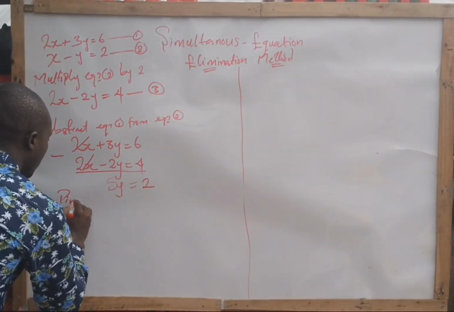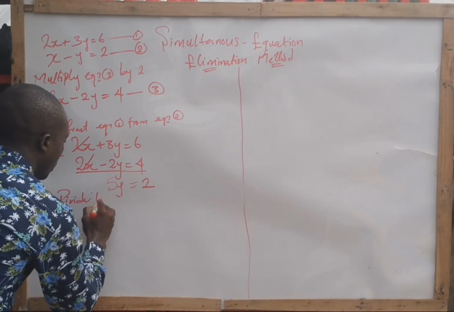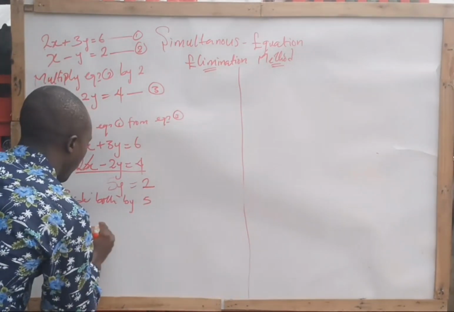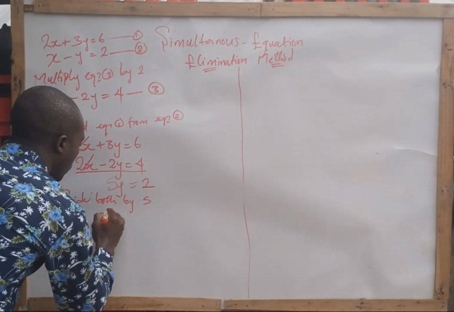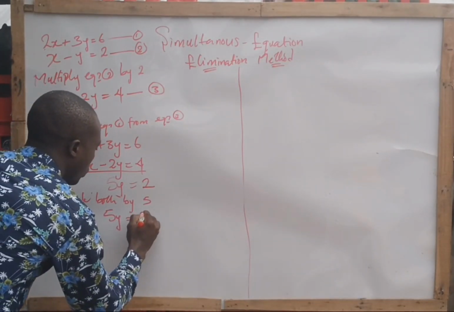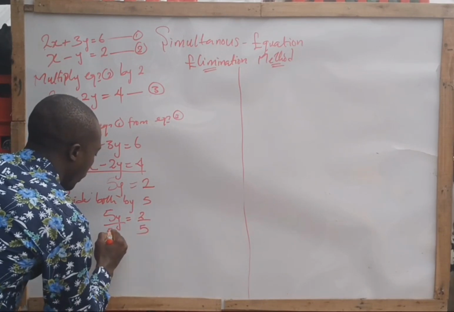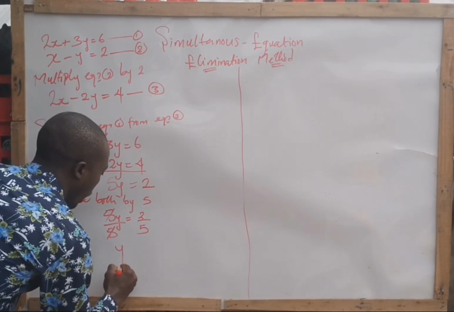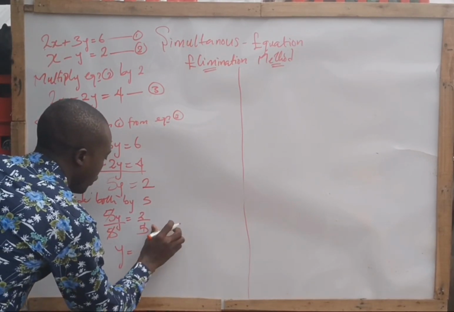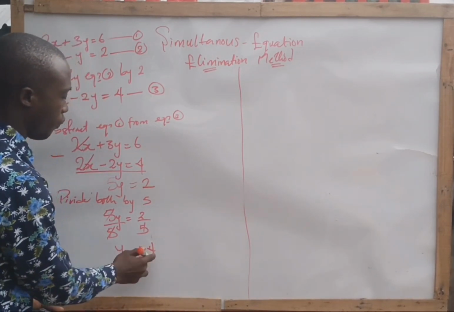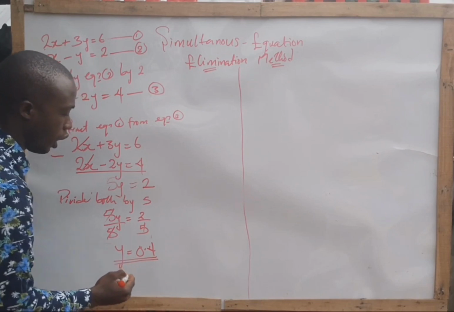Divide both sides by 5. So automatically we have what? We have 5y equals to 2 divided by 5 divided by 5. Here cancel here. Our y is equals to 0.4 for what? For our y.